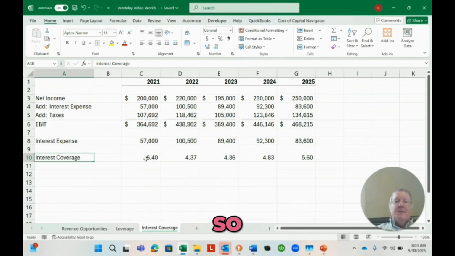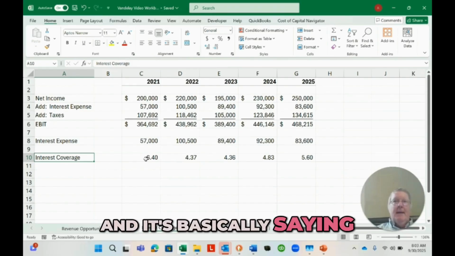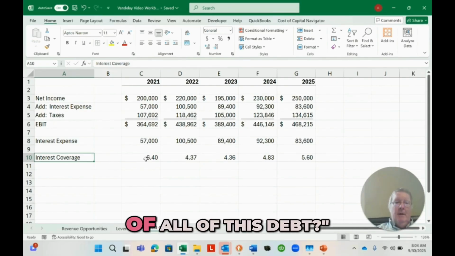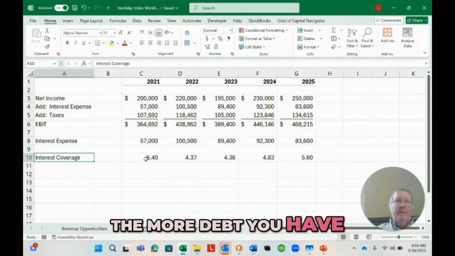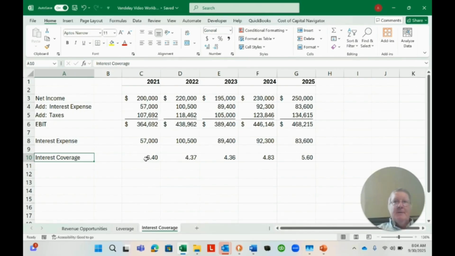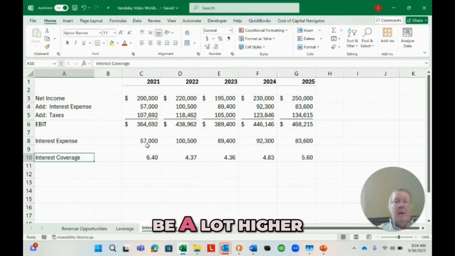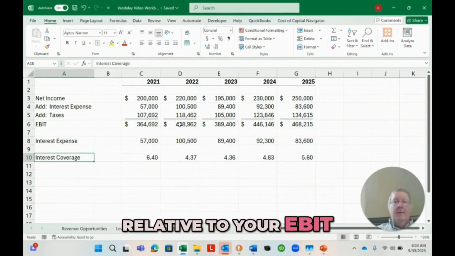So this is an income measure, if you will, and it's basically saying, hey, can we afford the interest expense of all of this debt? And obviously, the more debt you have, the more leverage you have. If your assets were, let's say, 70 or 80% levered, your interest expense would be a lot higher relative to your EBIT.